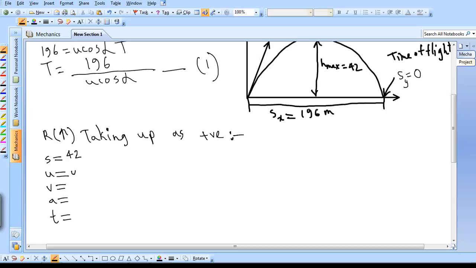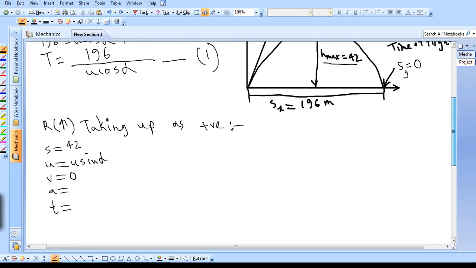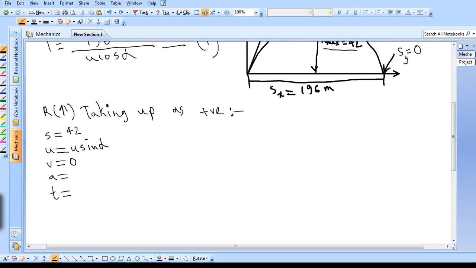Now we will take the vertical component of velocity, which is u sine alpha. Here the final velocity is 0. How? Since at the maximum displacement the velocity is 0, we have taken the final velocity as 0.